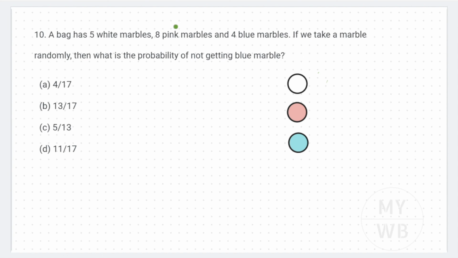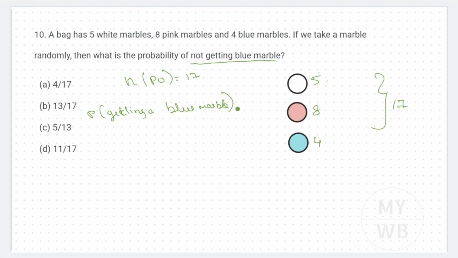This can be done in other way as well. 5 white marbles, 8 pink marbles, and 4 blue marbles. So total number of marbles is 17. So number of possible outcomes is 17. Let's first find the probability of getting a blue marble. There are 4 blue marbles. So probability of getting a blue marble is 4 by 17.